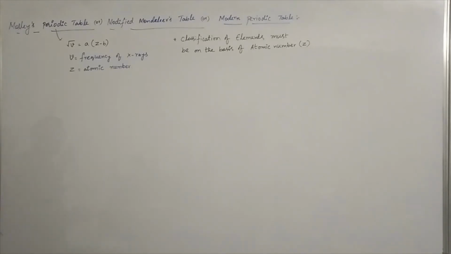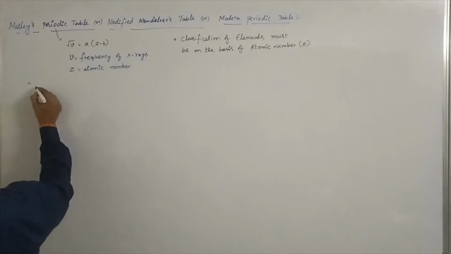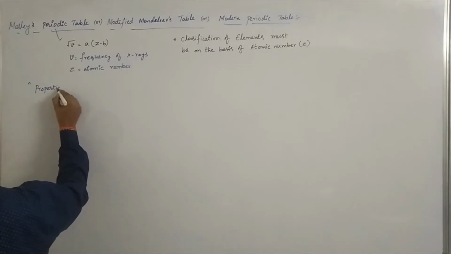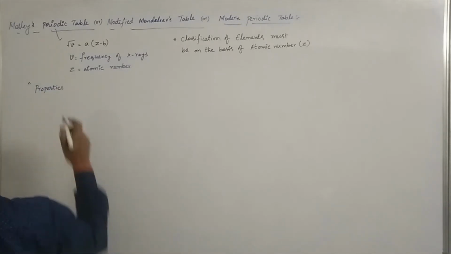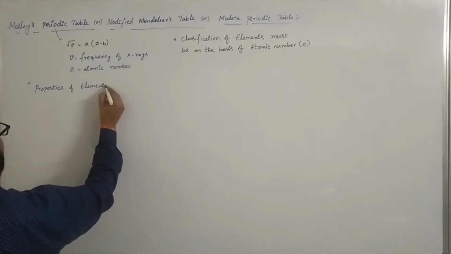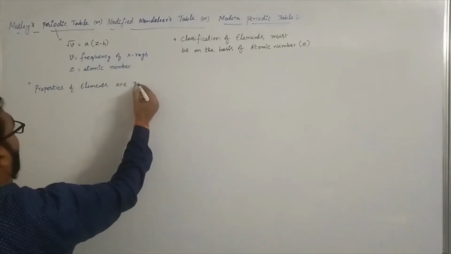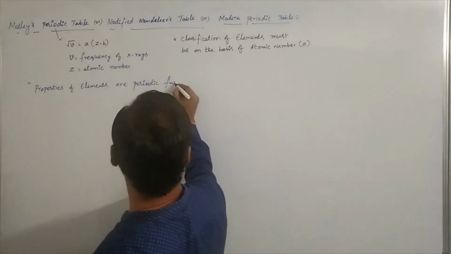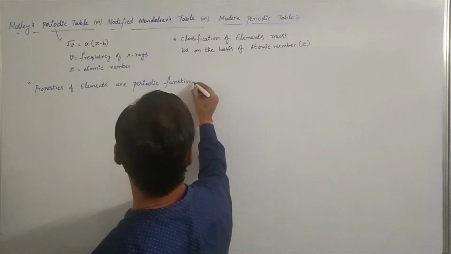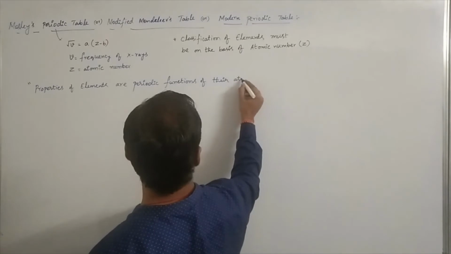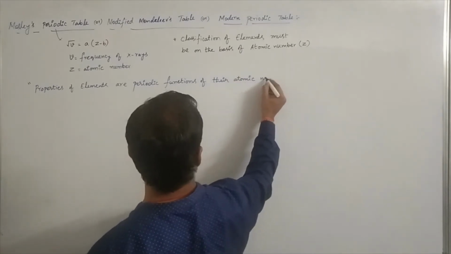But from here on, according to Moseley, properties of elements are periodic functions of their atomic number.